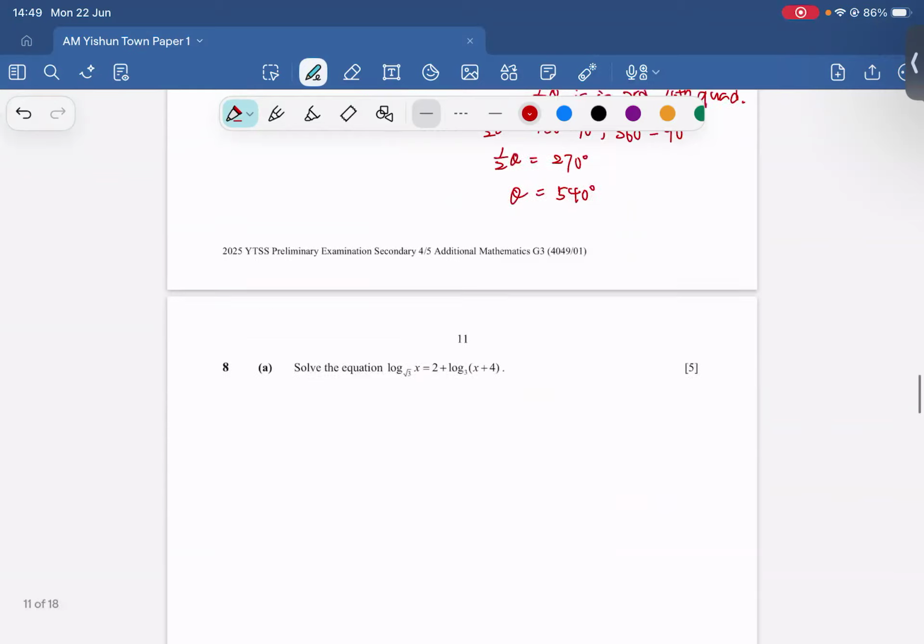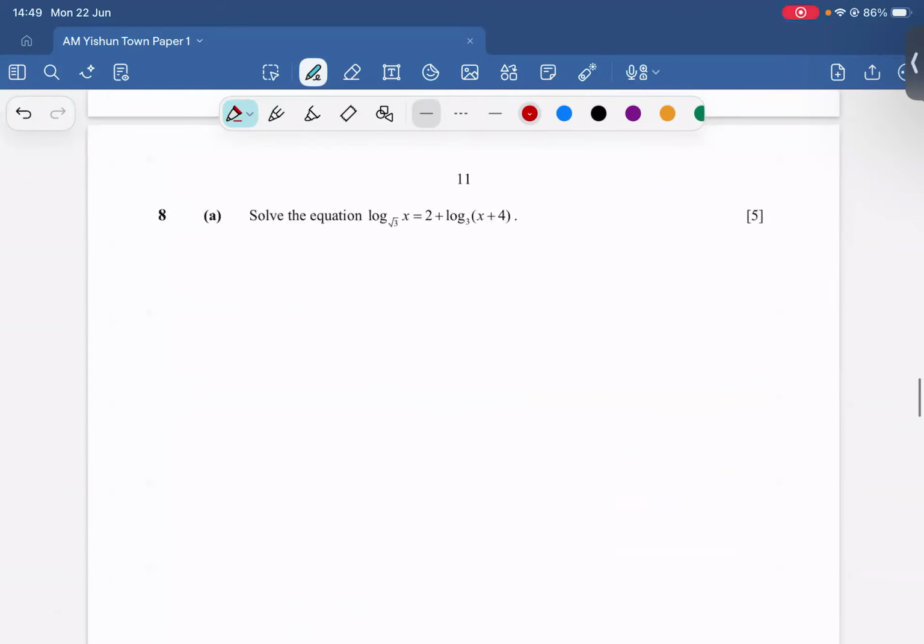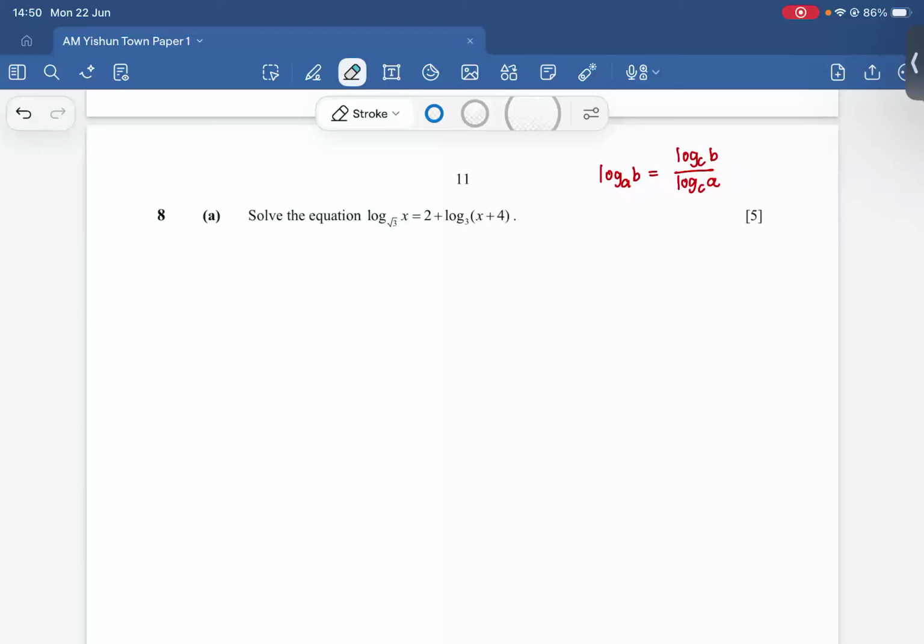Okay, next. Solve the log. So to solve logarithm, most importantly, the base must be the same. This is square root 3, this is base 3. So this is the change of base law that we are going to apply. So we change the base to base 3, so this will become 3x.